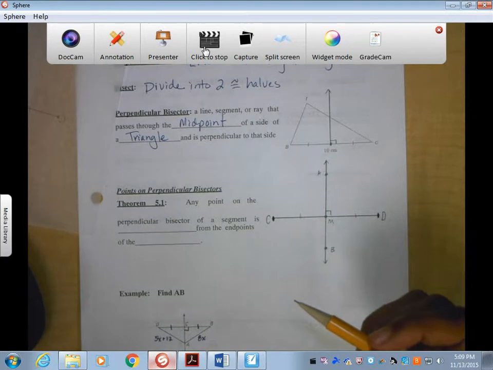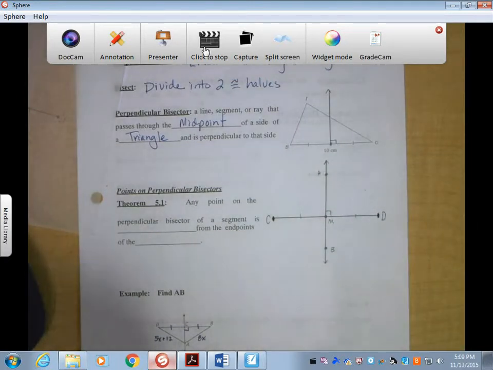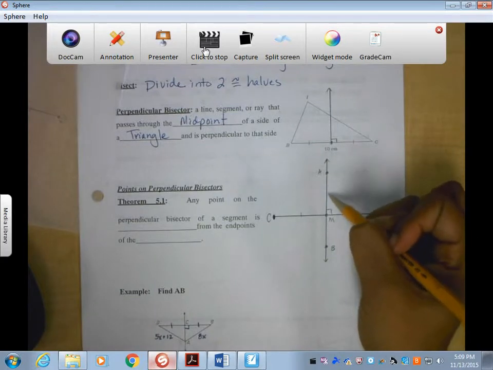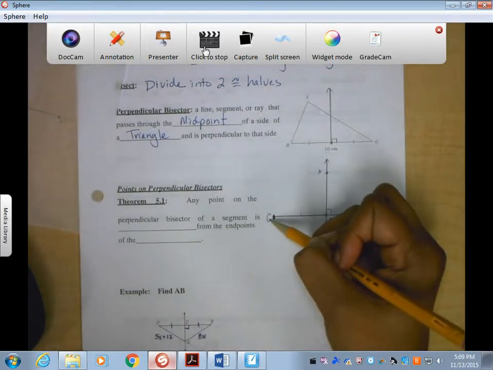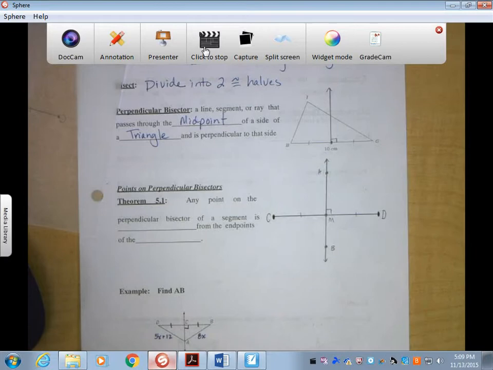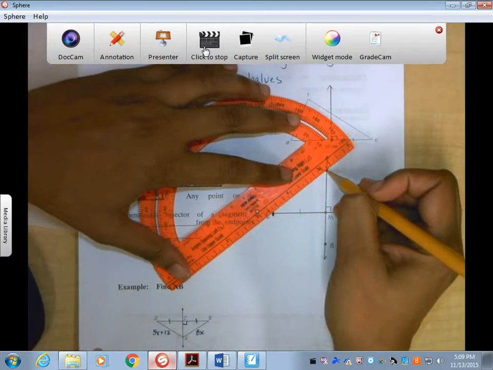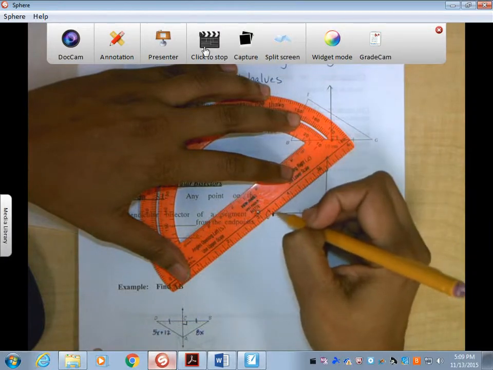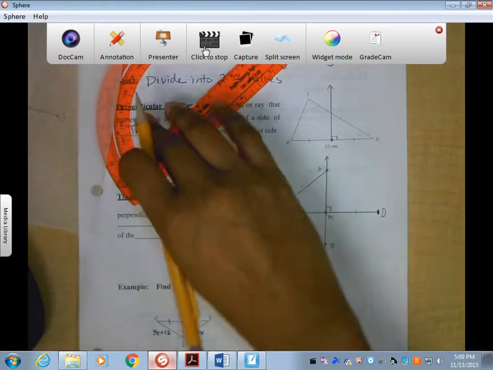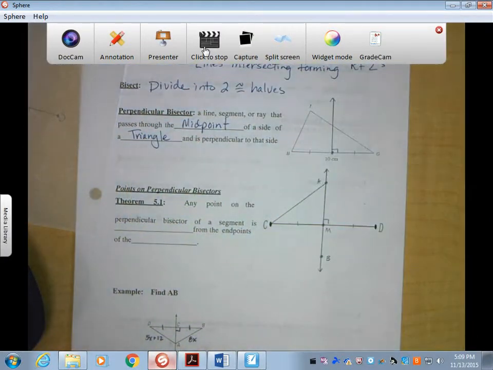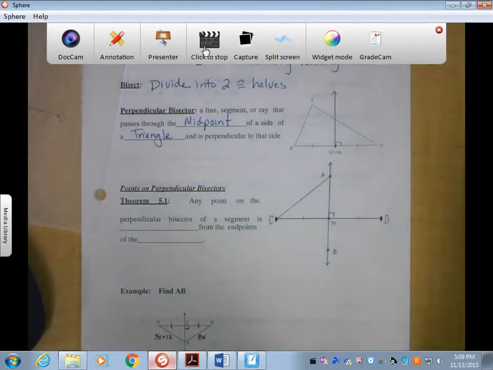And if I were to look at the segment from the perpendicular bisector, from a point on this line, to the endpoint, okay? So let's go ahead and draw that segment from A to C, to that endpoint. Well, there's a relationship that occurs when dealing with perpendicular bisectors and points on that perpendicular bisector.